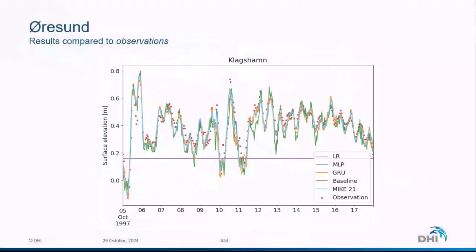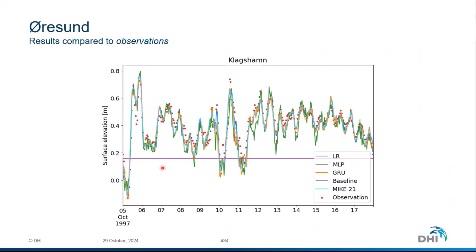First, this plot shows the predictions of just a little snippet of the test period, just so it's actually possible to see something. We have the 3 different regression models. There's also a baseline model, which is simply predicting the mean value of the training period.